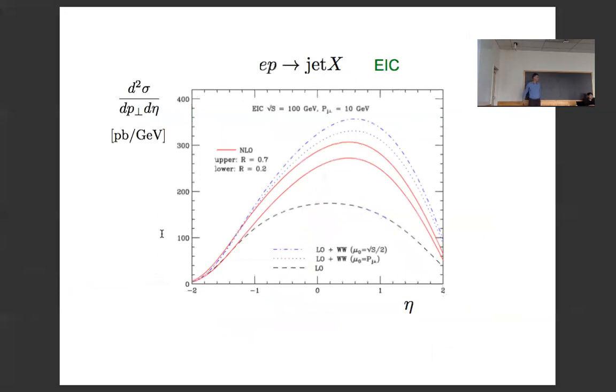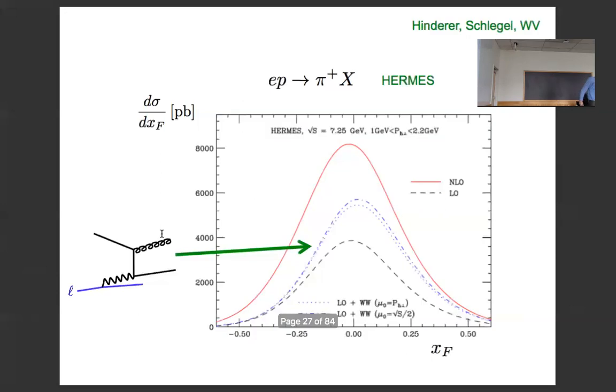I have a naive question. Aren't there Hermes data actually? There are data from Jefferson Lab, indeed, which I don't show here, and there are Hermes data, I believe. I'm not sure. There are data which are related, but the point is, you want to be really simply inclusive. The Hermes data are not entirely simply inclusive.